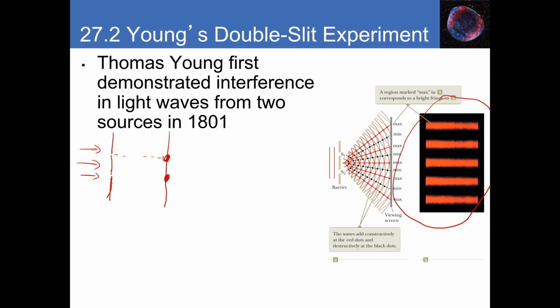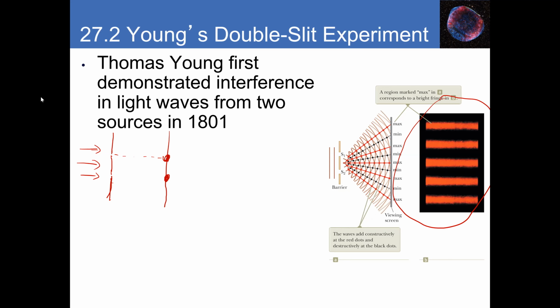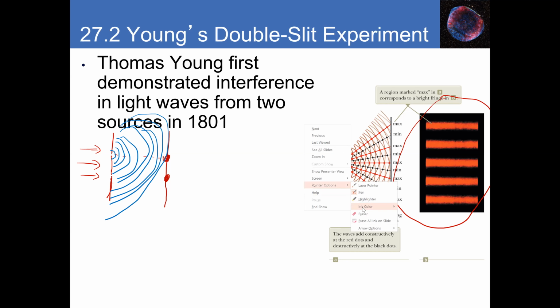Well, it can only be if the light spreads out after it goes through those openings, right? So what we have here is this. The light, instead of going in a straight line, spreads out like this. Let's say from slit one, it goes like this, and the same thing happens to source two.